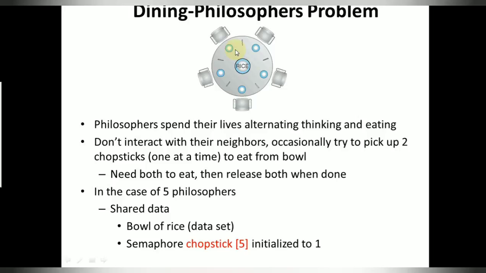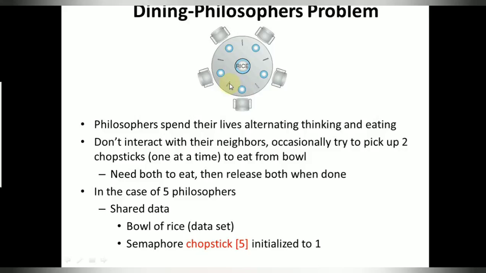Having said these rules, now let us look at the solution. The philosopher picks the chopstick using the wait semaphore, and he releases the chopstick using the signal semaphore.